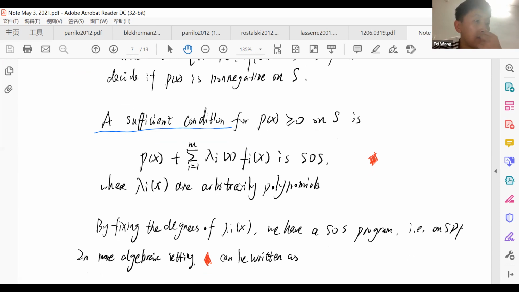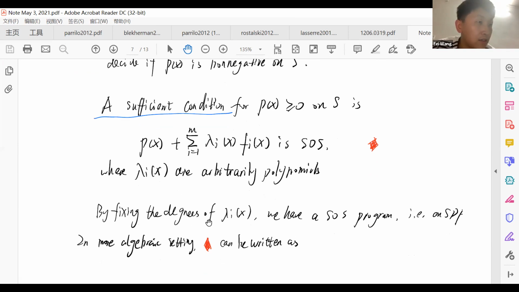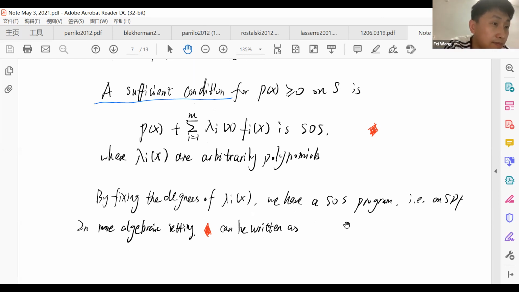This is a sufficient condition. How do we actually solve this problem? Of course, we have to fix the degree of lambda_i(x). By fixing the degree of lambda_i(x), we have a sum of squares problem, i.e., an SDP problem.